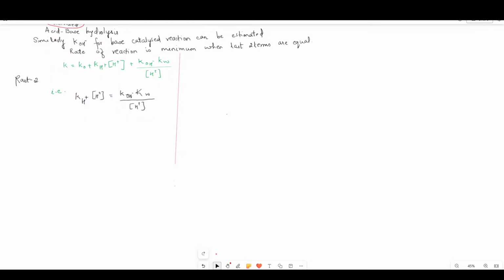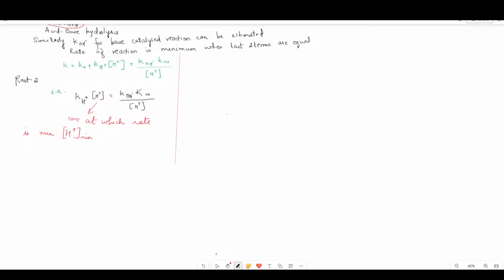Now here, if we assume the concentration of these H+ ions at which the rate is minimum, that means the concentration of H+ is minimum.